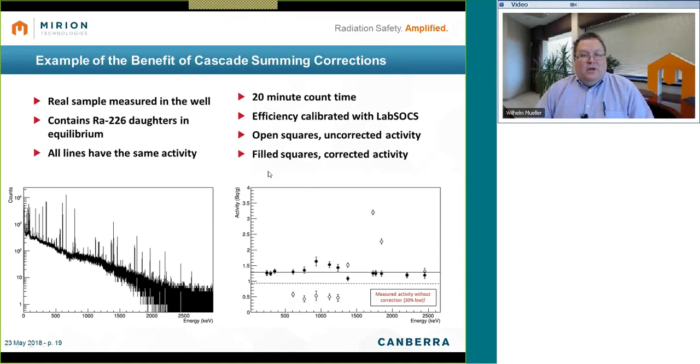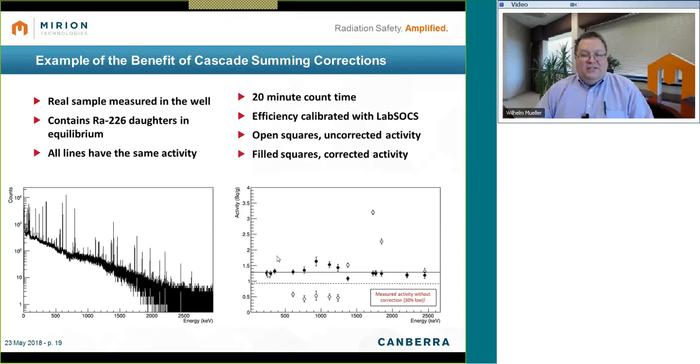However, by applying the automated cascade summing correction algorithms of Genie 2000 or Apex Gamma, those losses can be predicted and corrected in the computation of the individual line activities, and you get the results illustrated in the blue circles and a much more accurate activity calculation.